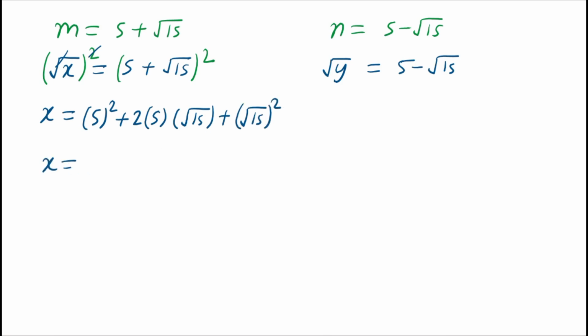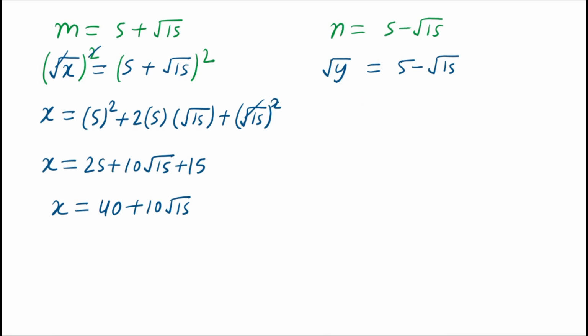Then x is equals to 5 square is 25 plus 2 times 5 is 10 times square root of 15 plus, the square root is cancelled out by this square, so here 15. Now x is equals to 25 plus 15 is 40 plus 10 times square root of 15.